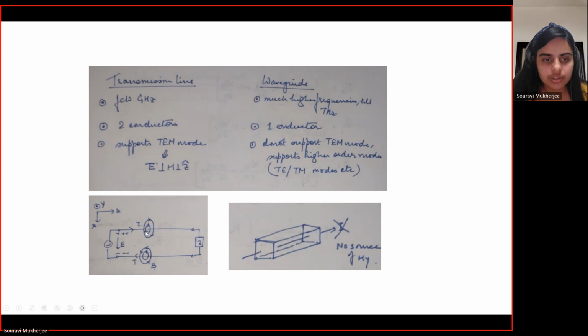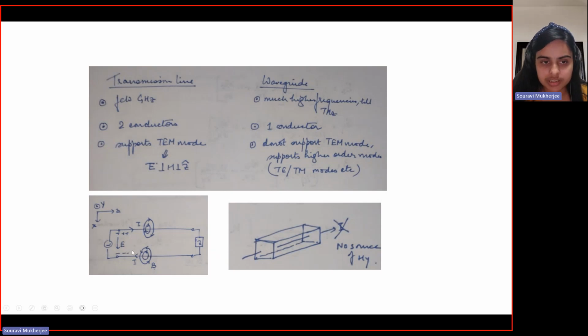So in general, transmission lines comprise at least two conductors, as you can see here. Even when we talk about coaxial cables, there's a positive terminal, a negative terminal, and there can be dielectrics in between them, but they mostly include two conductors.